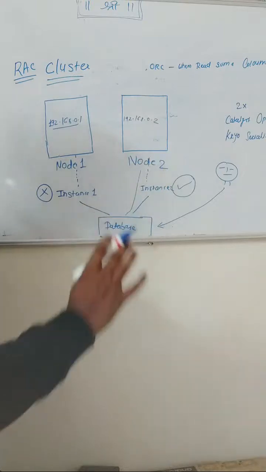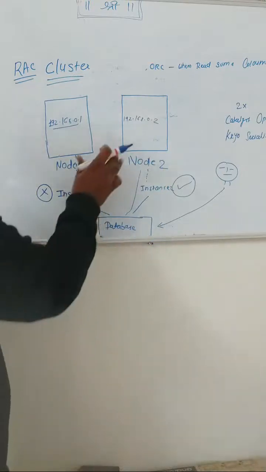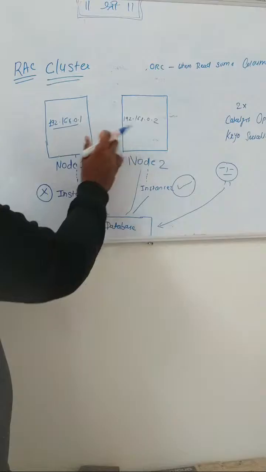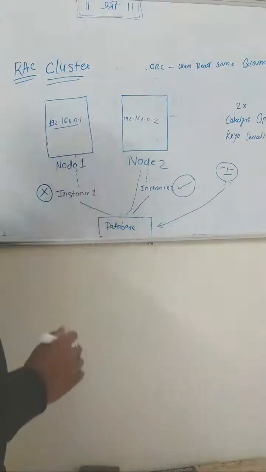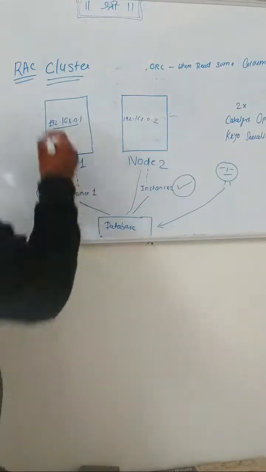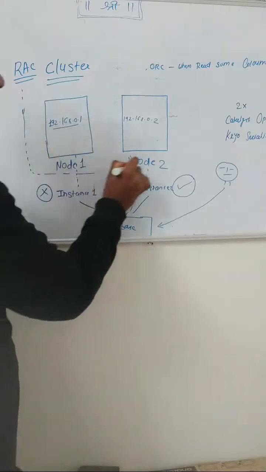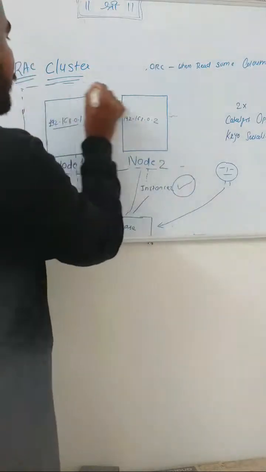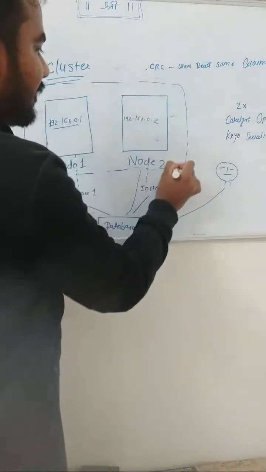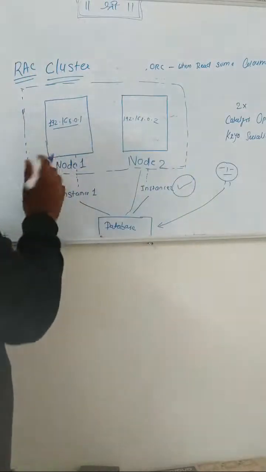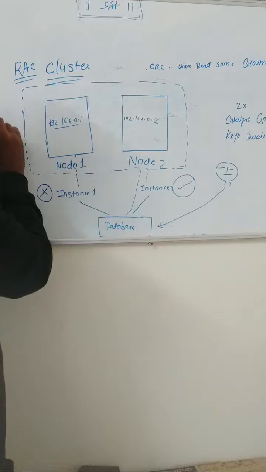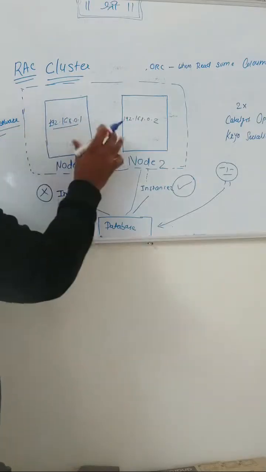But now you will ask me the question, why do we have these two different servers? So there is one software, we call it cluster based software, through which, even though they are two different servers, they will treat it as a single server only.